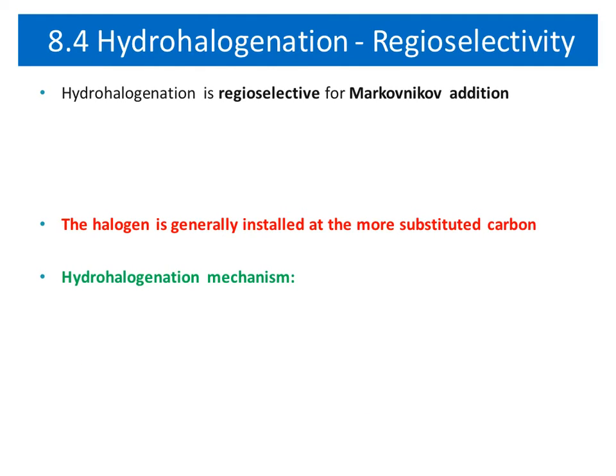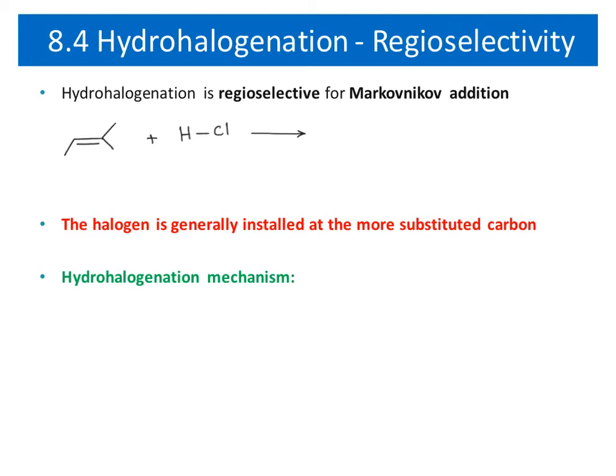As I mentioned, hydrohalogenation is regioselective and we are going to form the Markovnikov product, meaning that the hydrogen will be added to the less substituted carbon and halogen will be added to the more substituted carbon. So let's look at this example. Okay, so this is our alkene which reacts with HCl.